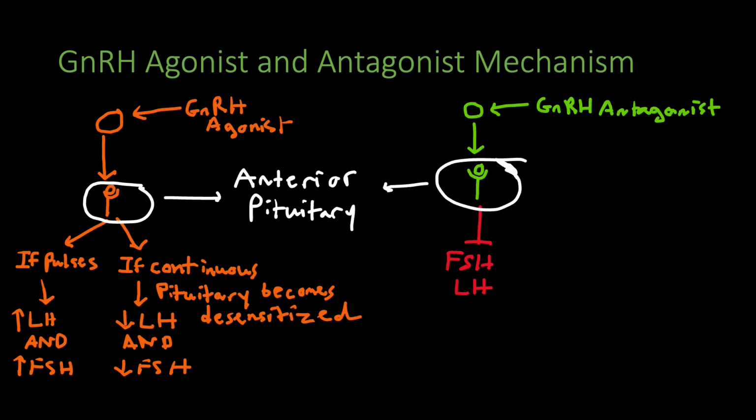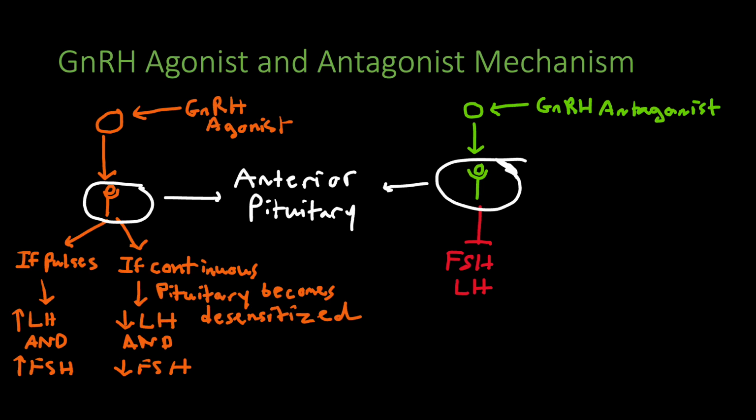And then we see, but these are mostly the GnRH agonists. This is the one where I was talking to you about the agonist becoming more like an antagonist later on. If it's a pulse type of release, or if it's not released continuously, then it will increase the LH and FSH.